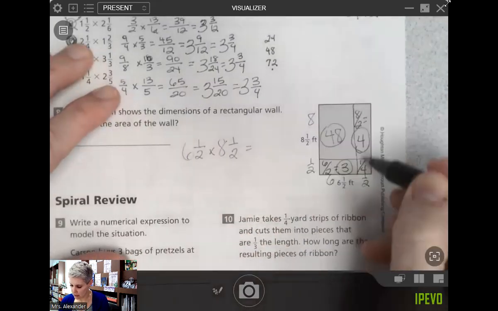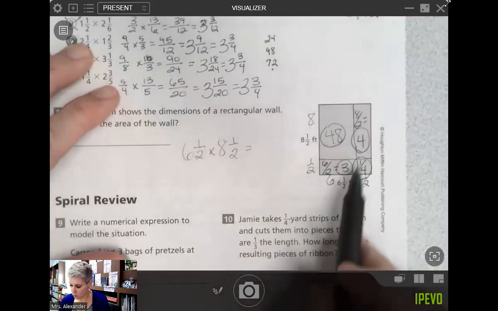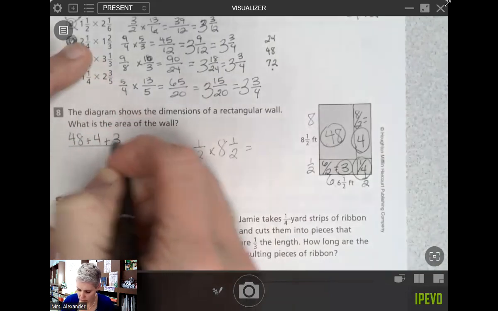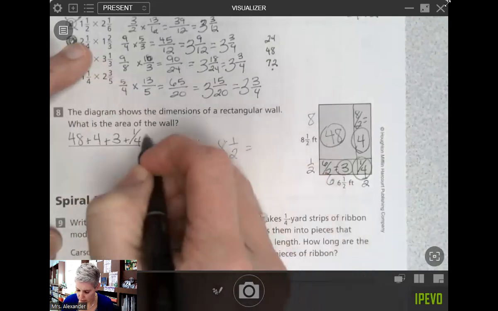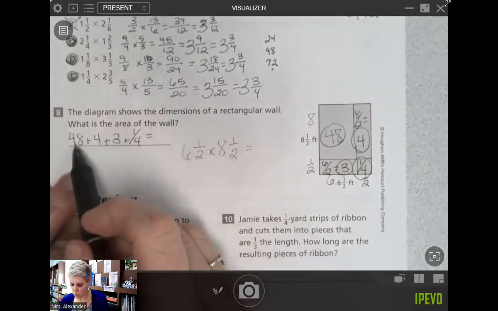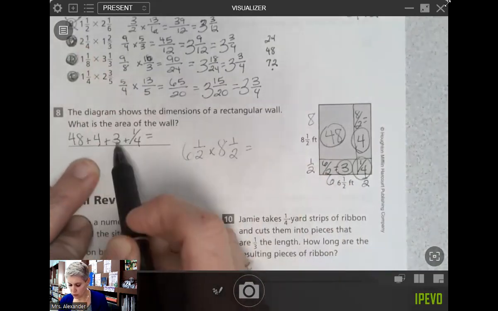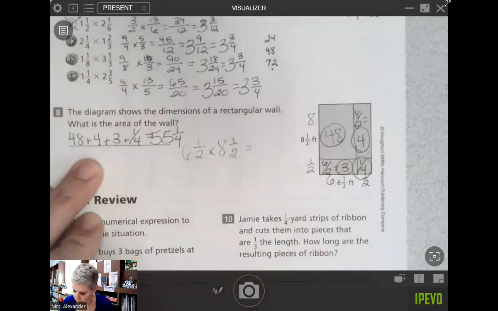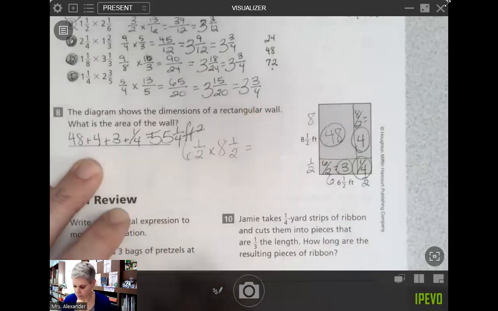When I add these all up, 48 plus 4 plus 3 plus 1/4, I'm going to get 48, 52, 55, and 1/4, and we're talking square feet.